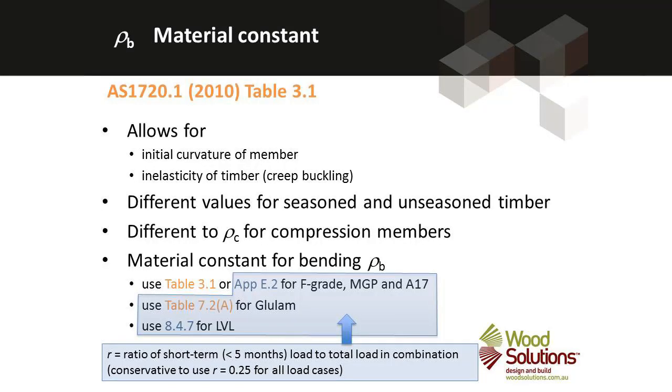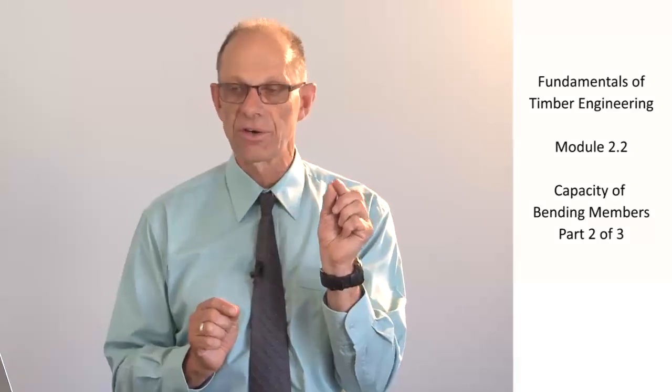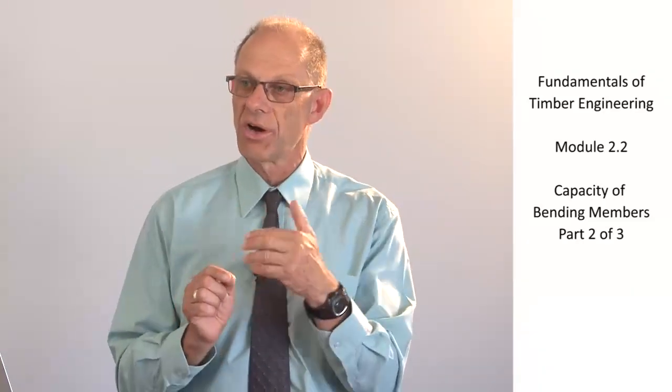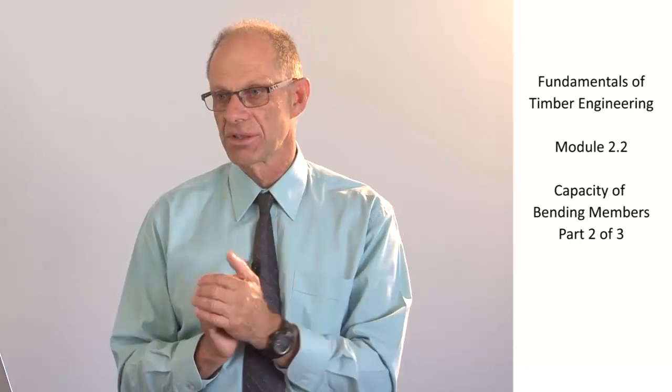So the material constant takes those into account, and it is a function of the grade of the material, the bending strength of the material, and the stiffness of the material. We find it by looking up tables in AS 1720.1. The most common table for us to use is table 3.1, but there are other tables that we can access. Some of those involve a ratio of a temporary load to the total load.